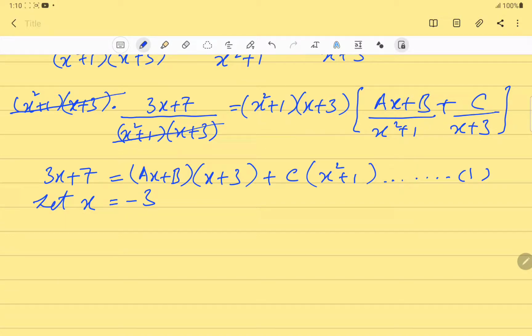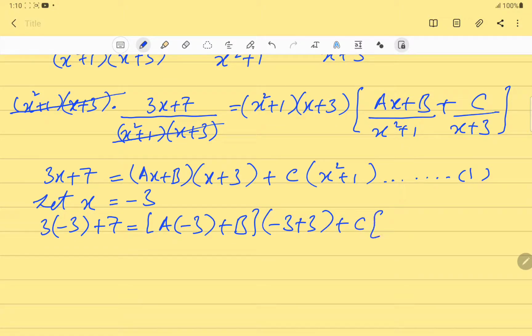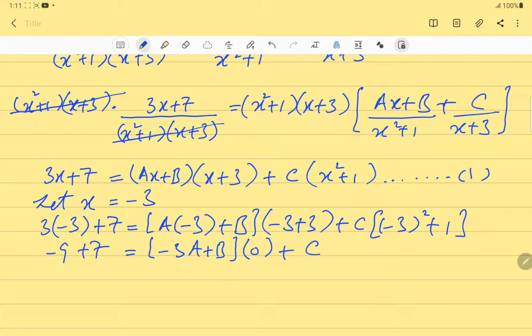So 3 into minus 3 plus 7 is equal to a into minus 3 plus b into minus 3 plus 3, plus c into square of minus 3 plus 1. 3 into minus 3 is minus 9 plus 7 is equal to minus 3a plus b into 0 plus c into 9 plus 1.